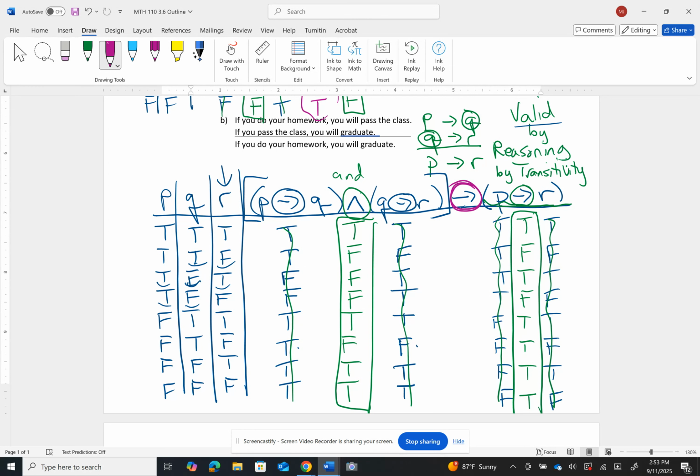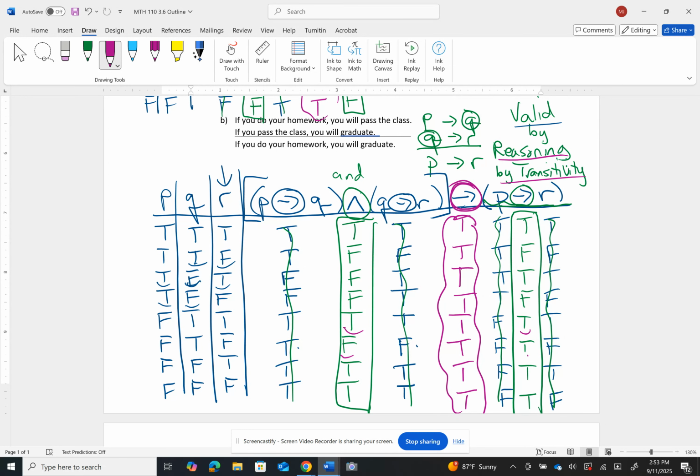So T followed by T would be true. If it starts false, it's true. So I got several falses here. Now I have a true followed by true, so that's true. False followed by true, that's true. And then 2 more trues followed by trues. And we knew this had to turn out to be all true because it actually was a standard argument form called reasoning by transitivity.